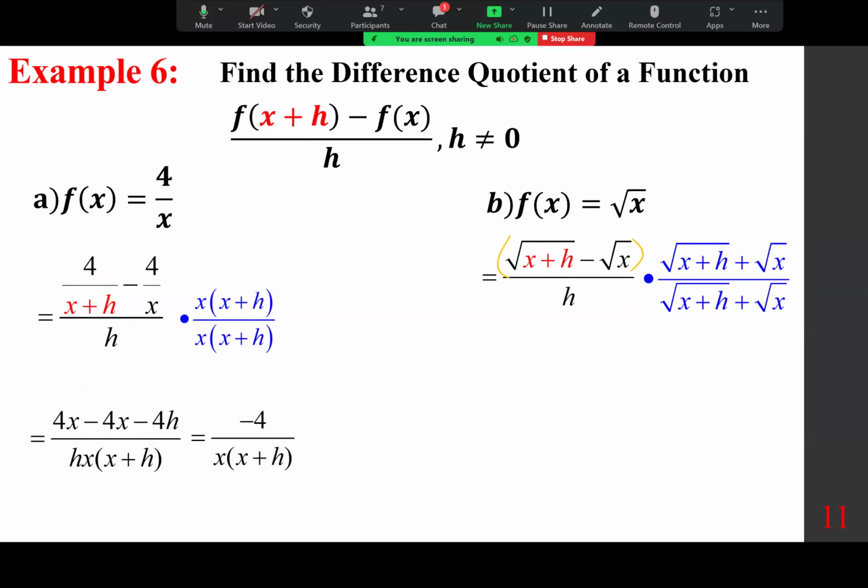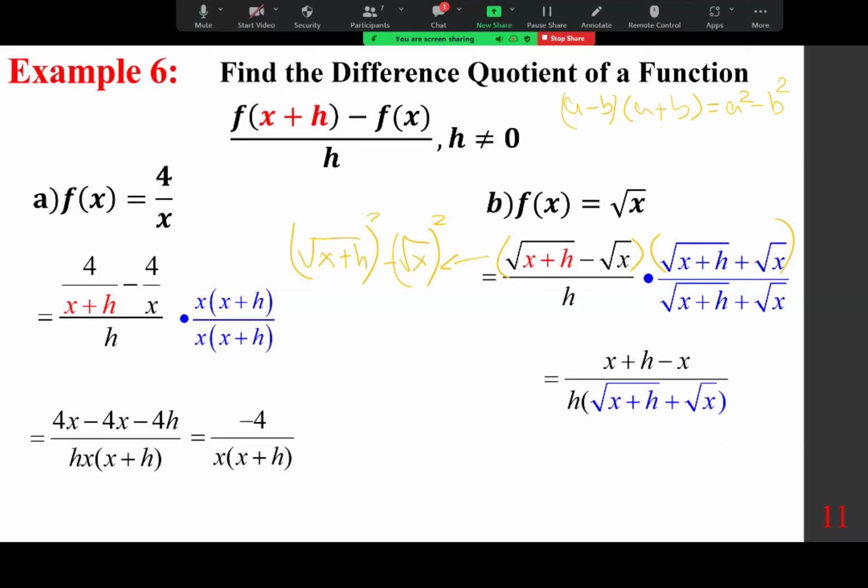We are going to multiply these two, and therefore the first one comes out as follows: square root of x plus h quantity squared minus square root of x quantity squared, because as I mentioned, a minus b and a plus b, everybody remembers the product is a squared minus b squared, and therefore we get the following.